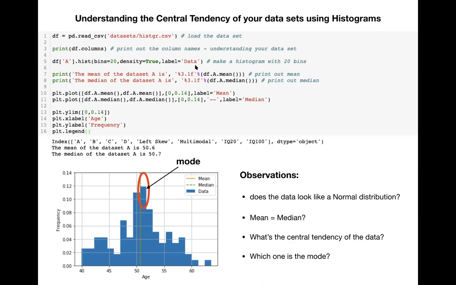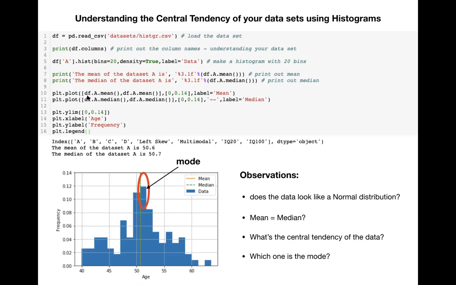Right. So if you do that, you can see that this is my distribution based on the data, which is column A, and the mode is right here. That's the one with the highest occurrence frequency. And let's put on the median and mean using the functions mean and median, right?